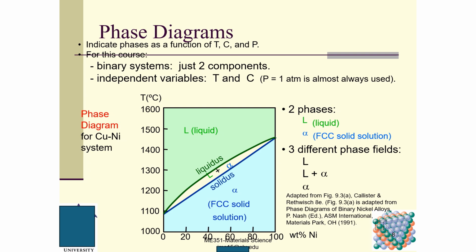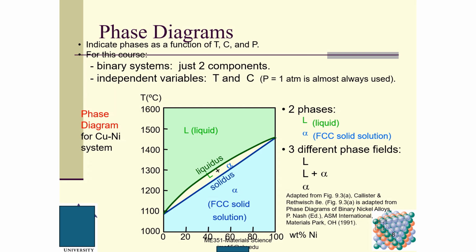Around the Earth's surface the pressure is 1 atm, and most of our activities happen at this temperature and pressure.